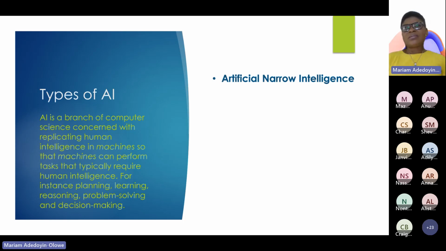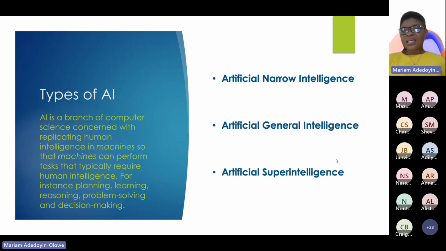So we have different types of AI. We have the artificial narrow intelligence, abbreviated as ANI. What is the artificial narrow intelligence? That is what we will be delving into critically in today's presentation. We also have artificial general intelligence and we have the artificial super intelligence.